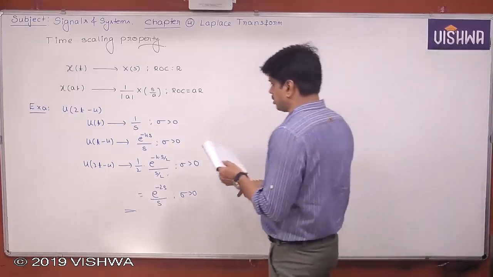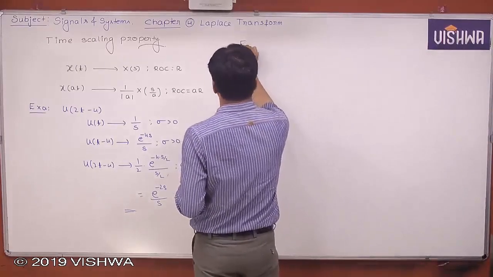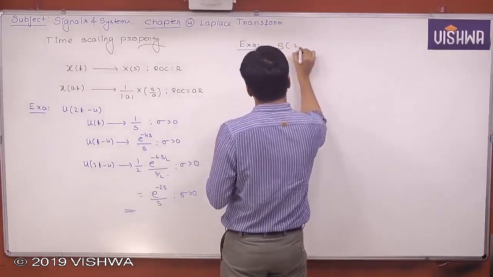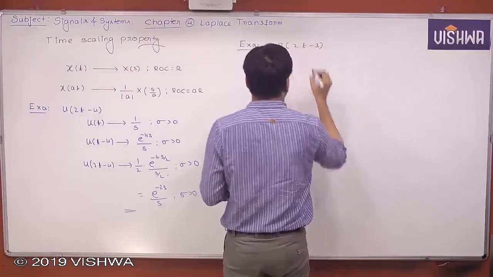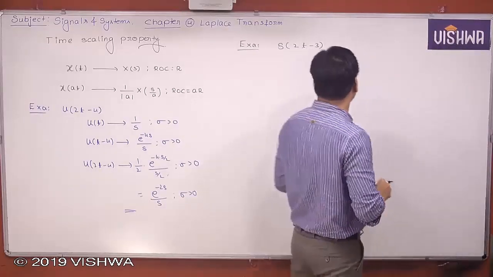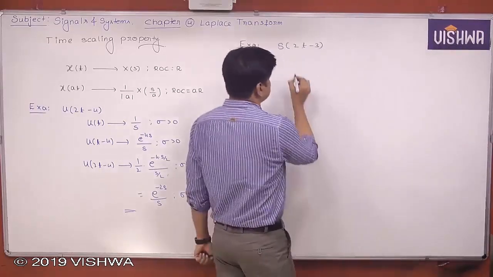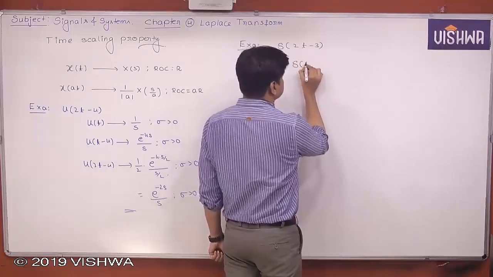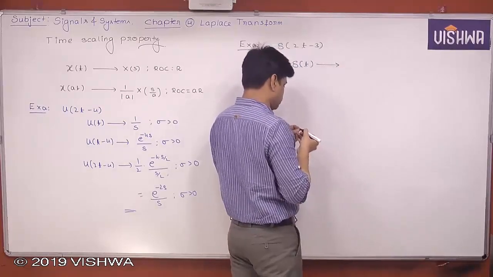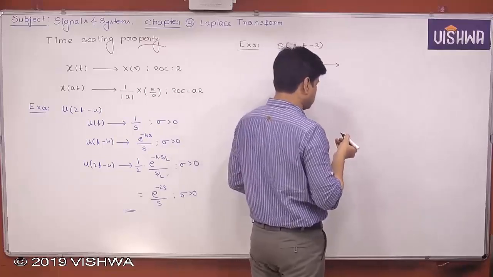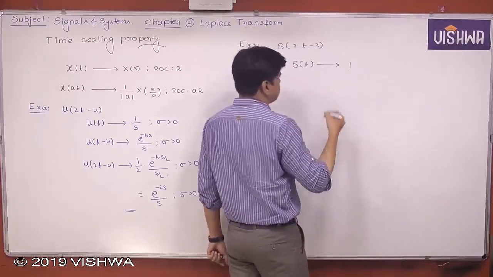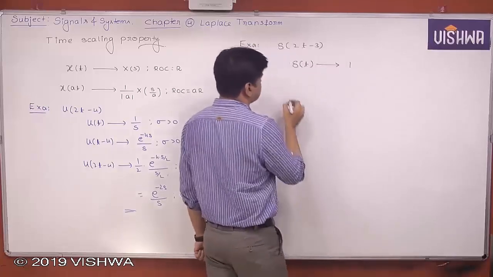In a similar way, suppose I take one more example, delta of 2t minus 3. For this, what is the Laplace transform? Let's see. We know delta t has a Laplace transform equal to 1, and ROC is the entire s plane.